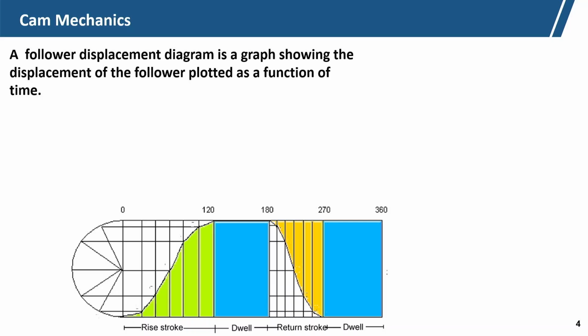Now, this is the follower displacement diagram. It is a graph showing the displacement of the follower plotted as a function of time. In the x axis there may be time, or, since the cam shaft generally rotates at constant RPM, constant speed, we can also express the x axis in terms of angle of movement.